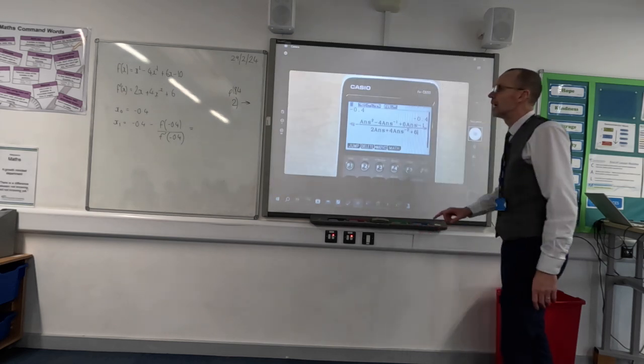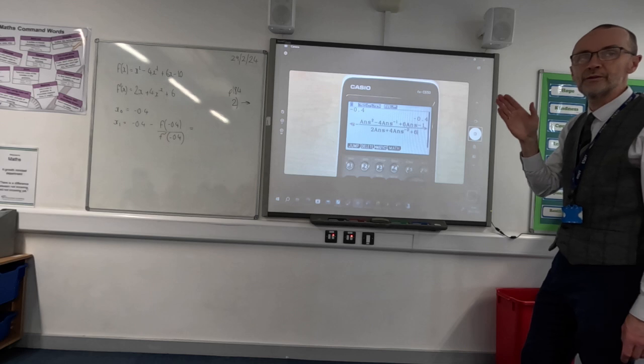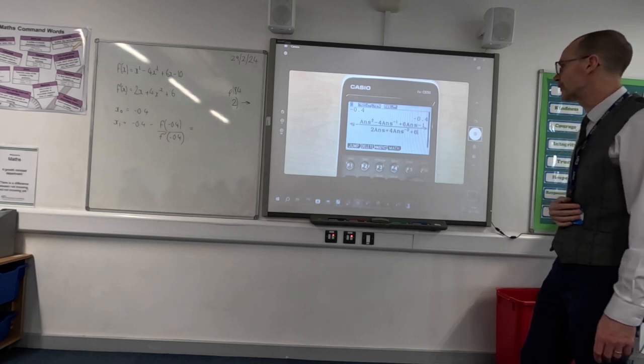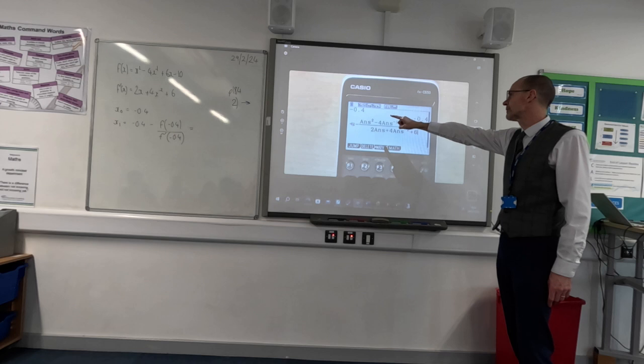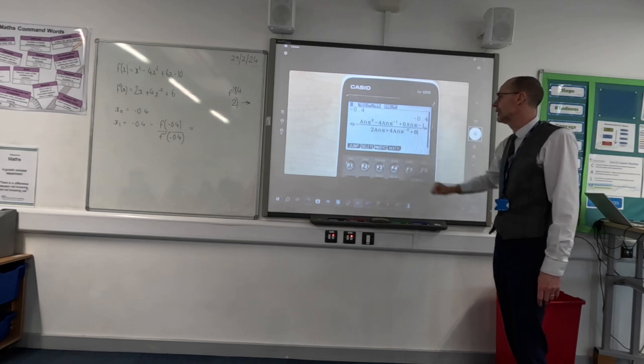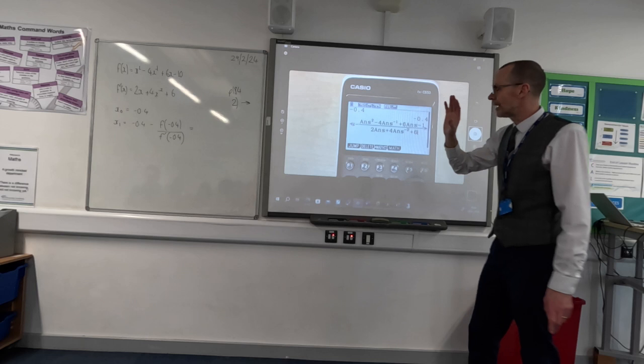So I've differentiated it. I left it as x to the minus 2 rather than writing it as 4 over x squared. Either is fine, but I then did minus 0.4 equals, so that's now my answer value, and I typed in answer minus answer squared, blah, blah, blah.